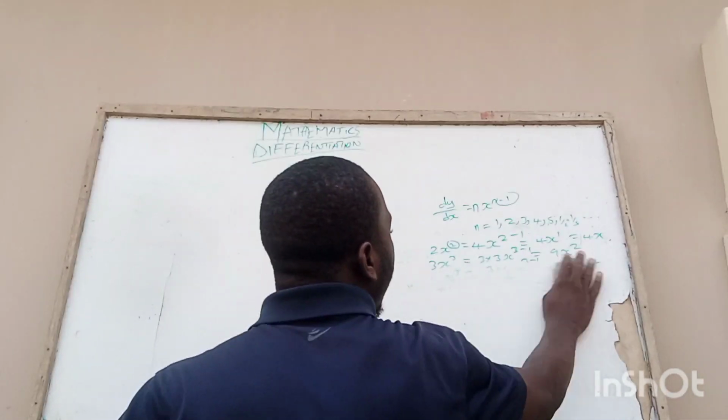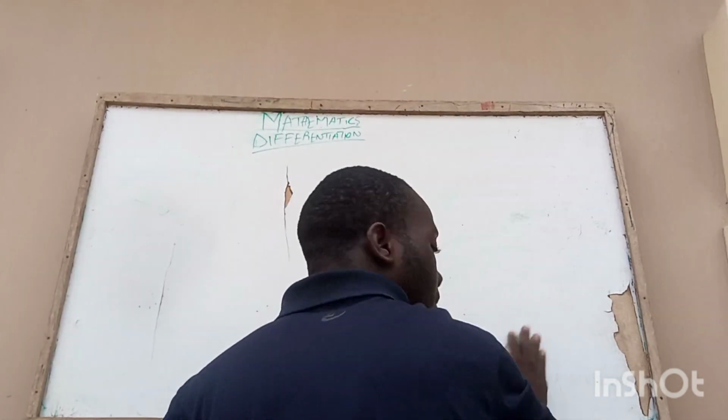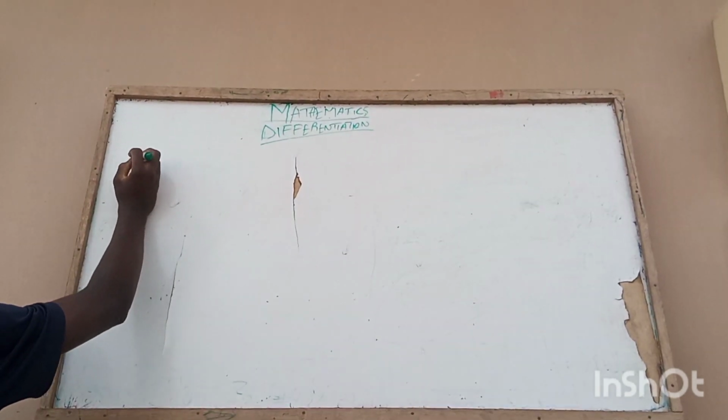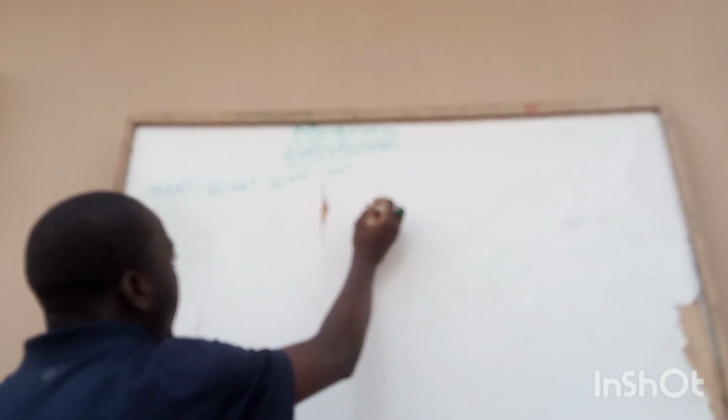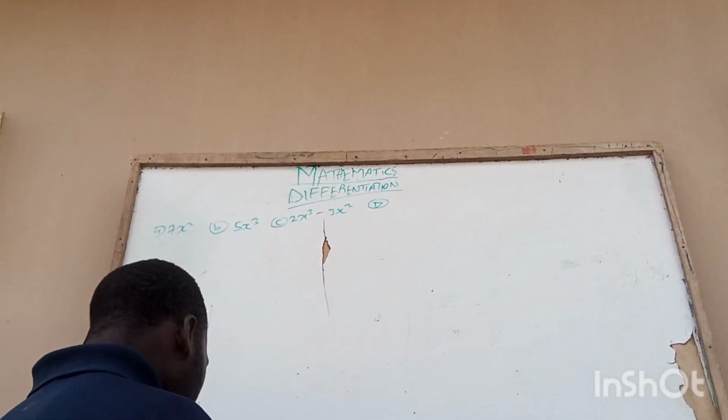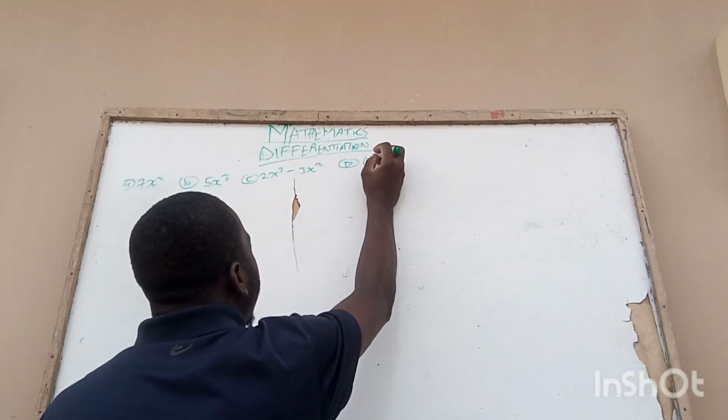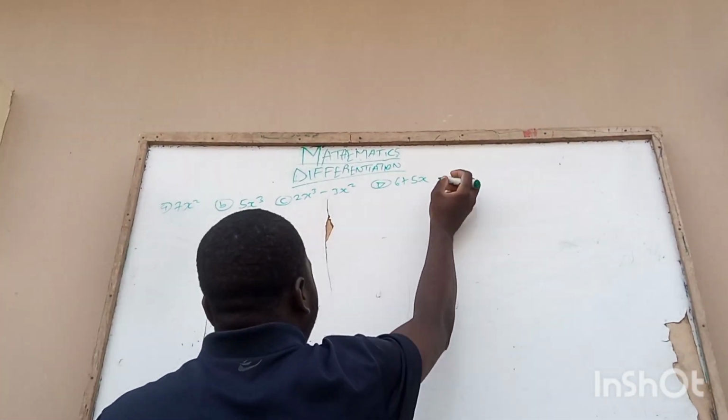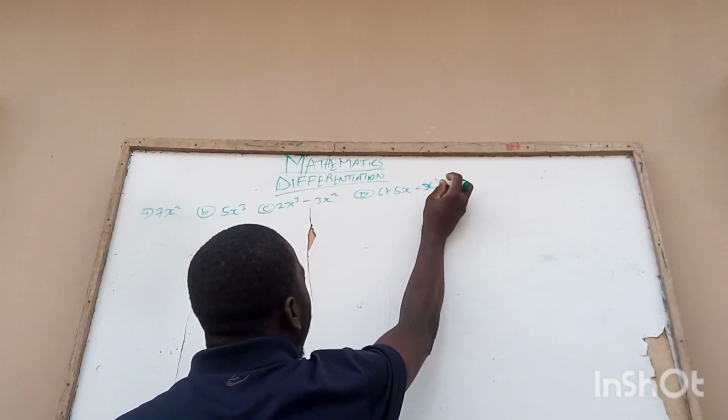Now let's look at some questions from the textbook. We are asked to differentiate: a, 7x squared; b, 5x cubed; c, 2x cubed minus 3x squared; and d, 6 plus 5x minus x squared.